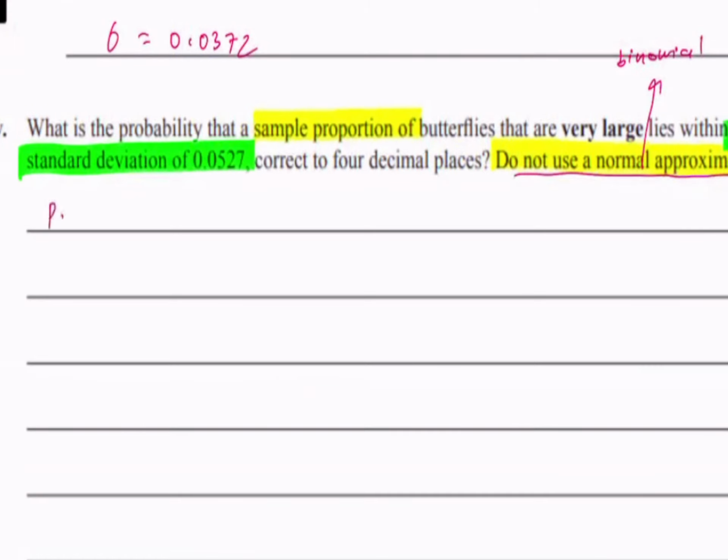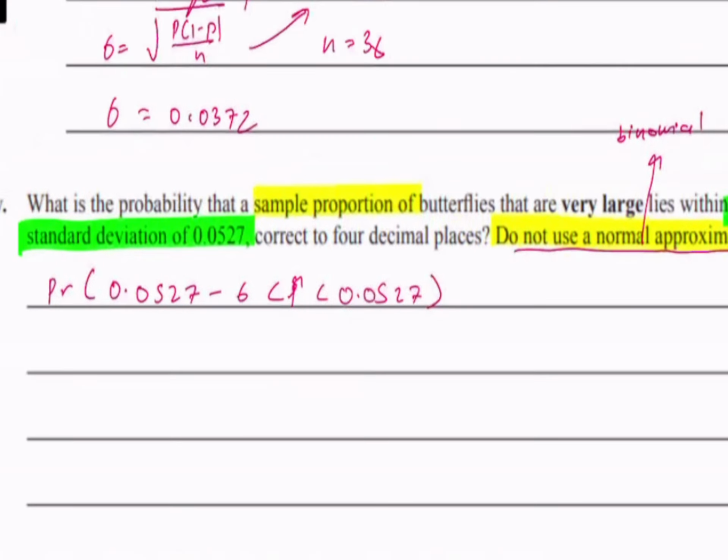So we're trying to find the probability that it's within one standard deviation of 0.0527. So it's going to be one standard deviation less and one standard deviation more. And we found in this question that this is the standard deviation.